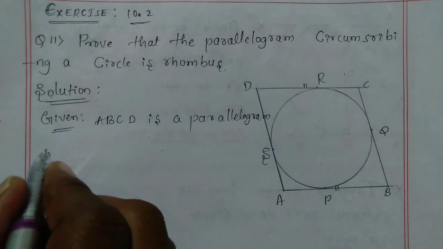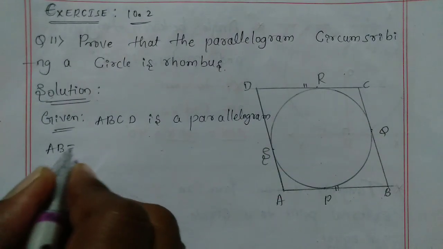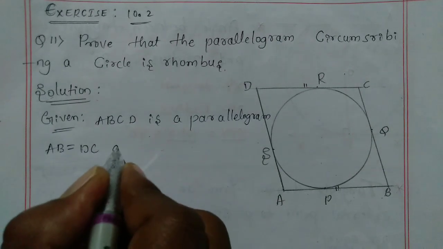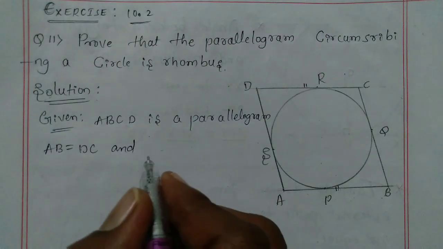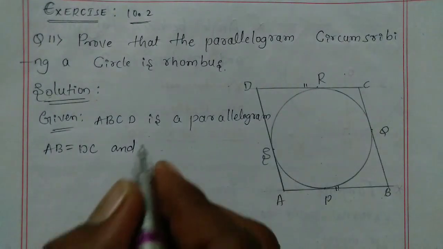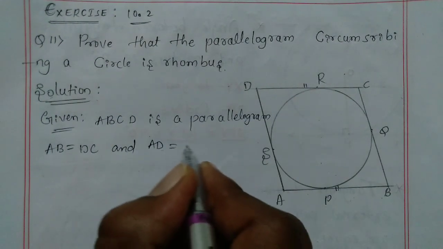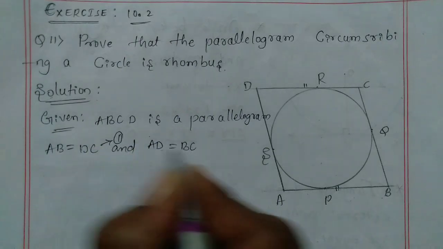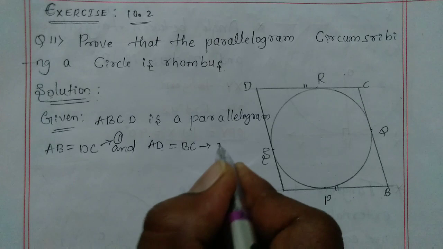Okay, so that is AB equal to DC and AD equal to BC. Okay, so I will call this one as equation 1 and equation 2.